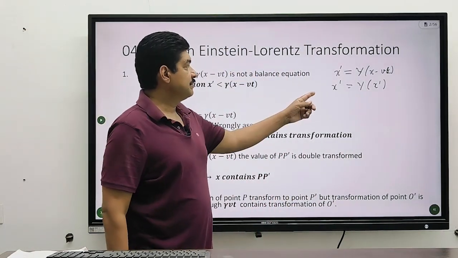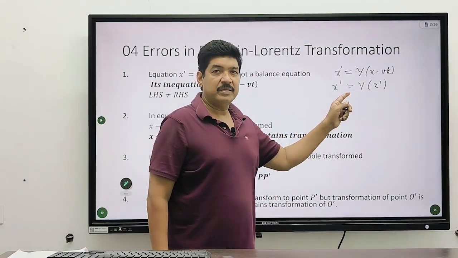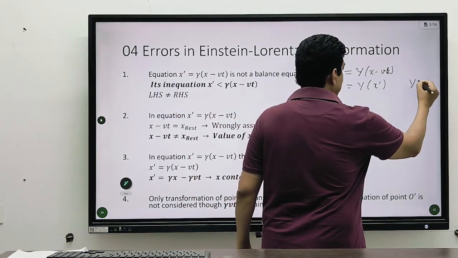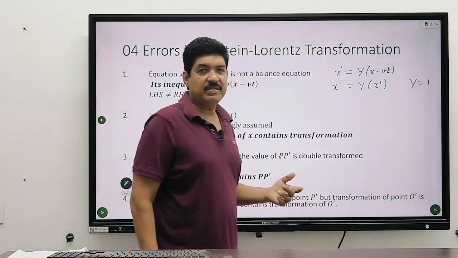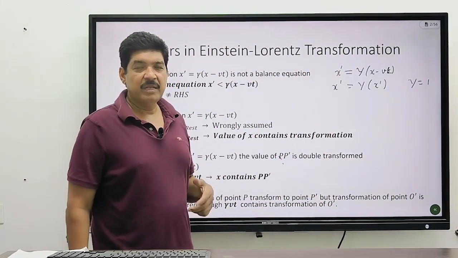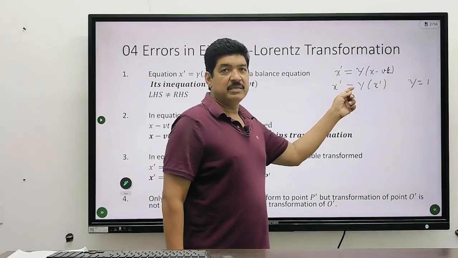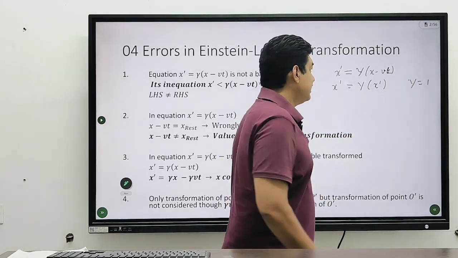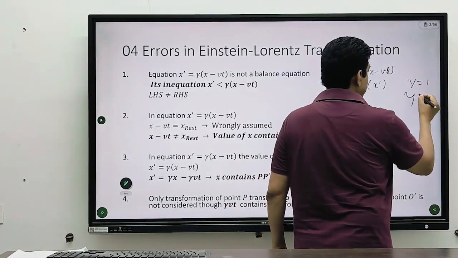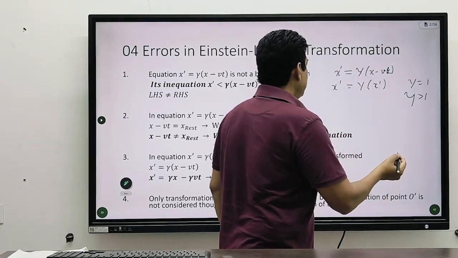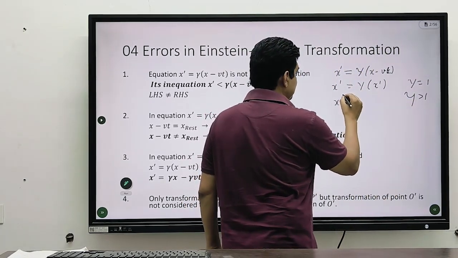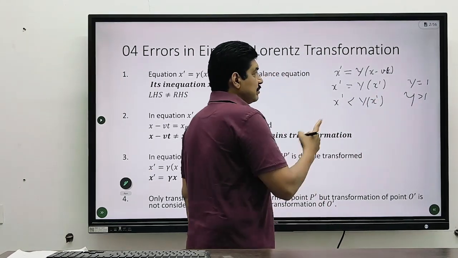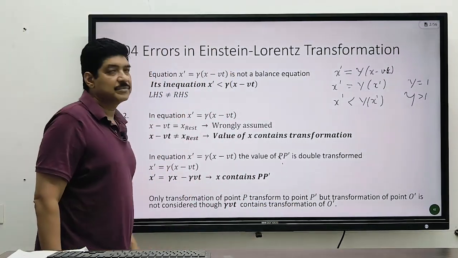So this equation will only be an equation when gamma is equal to 1. If gamma is greater than 1, then this becomes an inequality. And in Lorentz transformation, they have derived gamma as always greater than 1. Therefore, this whole equation becomes an inequality. This is the first error.